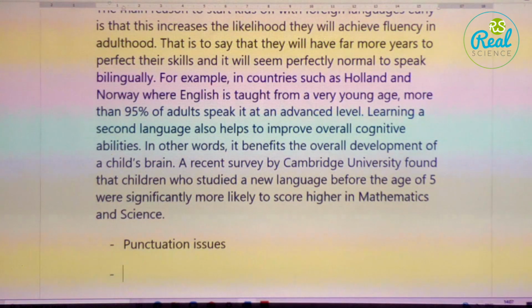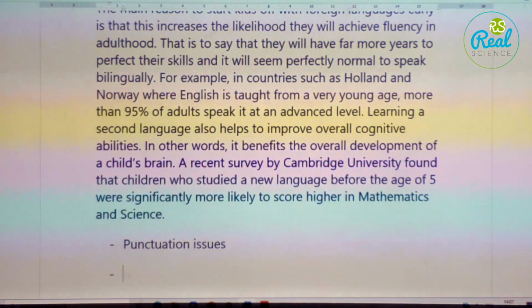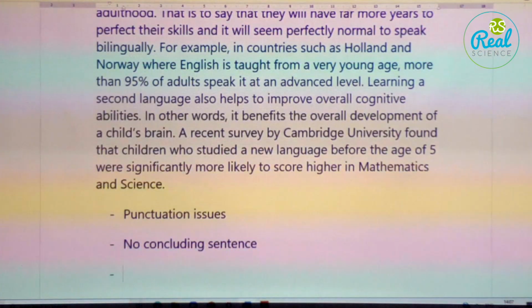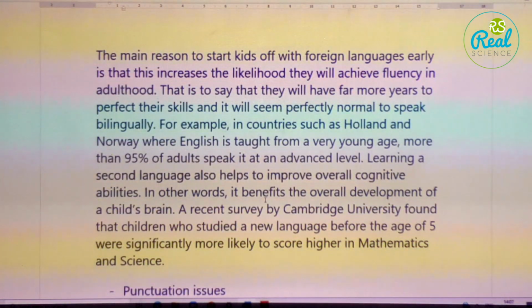Now concluding. Yeah, the student has finished with the example. Linking words. Okay, it lacks them. Anything else that you see?